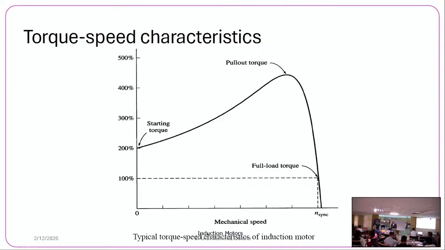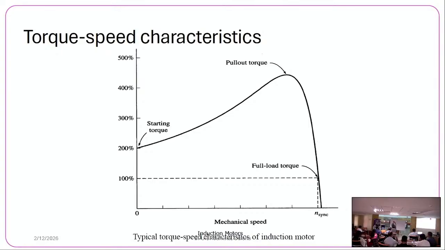But at starting, the induction motor draws a current which is 5 to 7 times the rated current when directly switched on to the supply. Accordingly, the torque will be very large, so it starts from 200%.